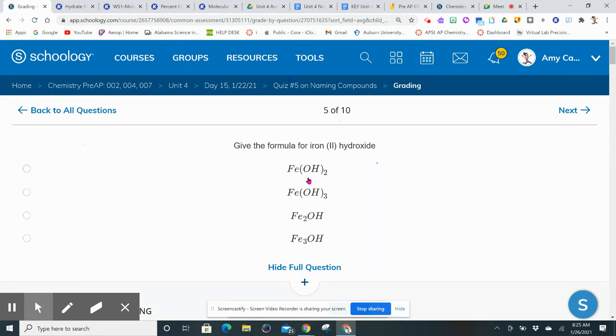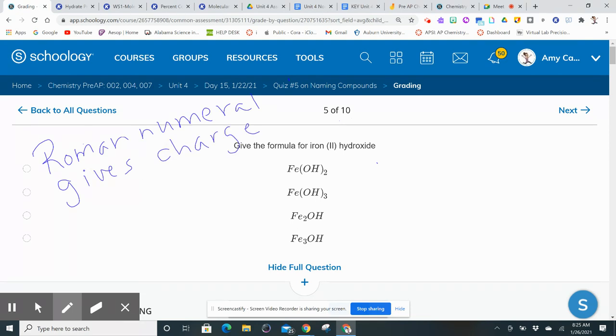Roman numeral gives the charge on a transition metal. Okay, so that Roman numeral 2 means that iron is a +2 charge.